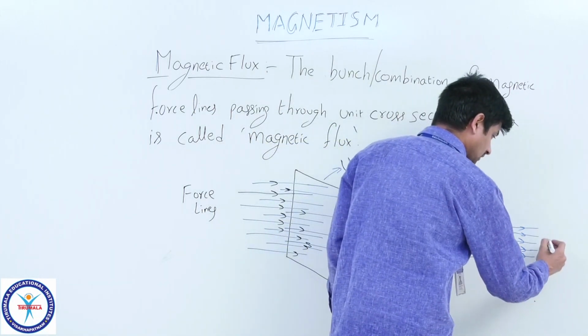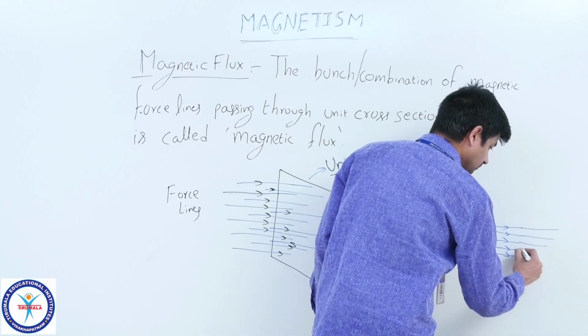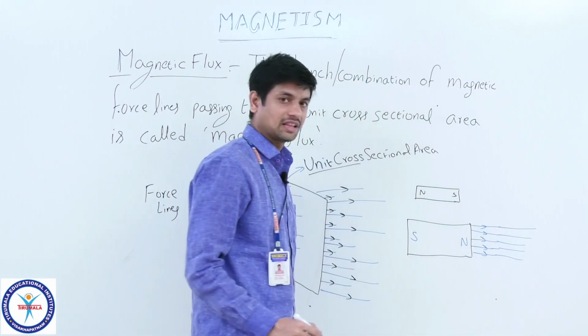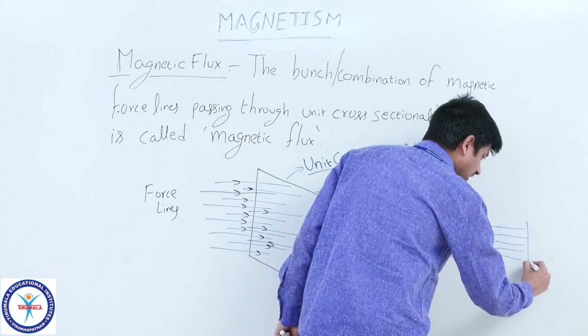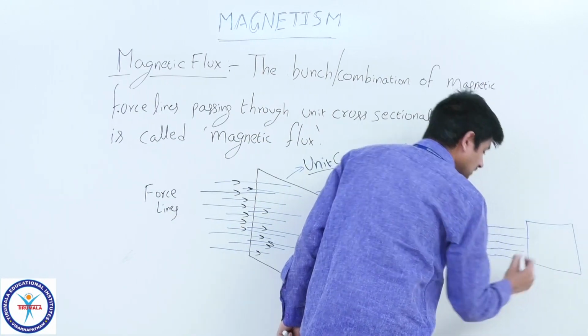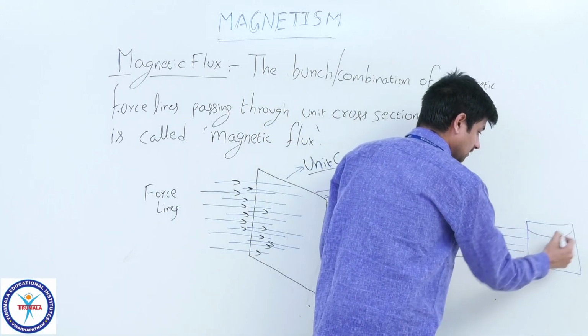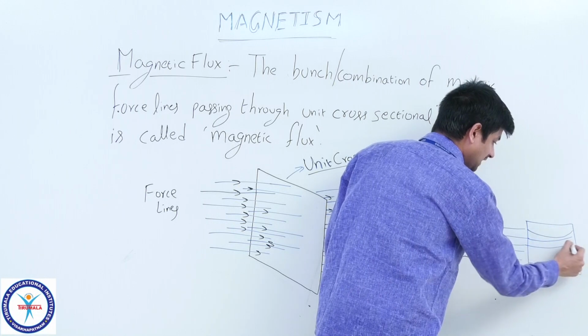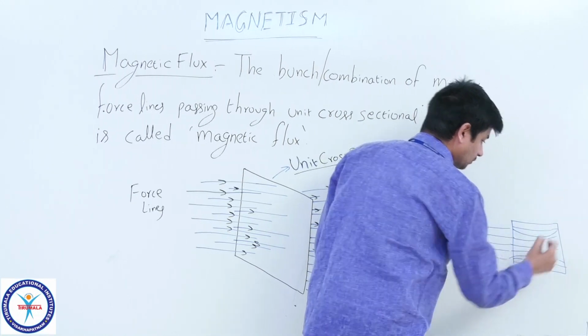Now, what will happen if this is a vacuum? These 5 lines will pass into this vacuum and nothing will happen. If I keep any soft iron, the lines will come closer and so many lines can be transferred into that one.